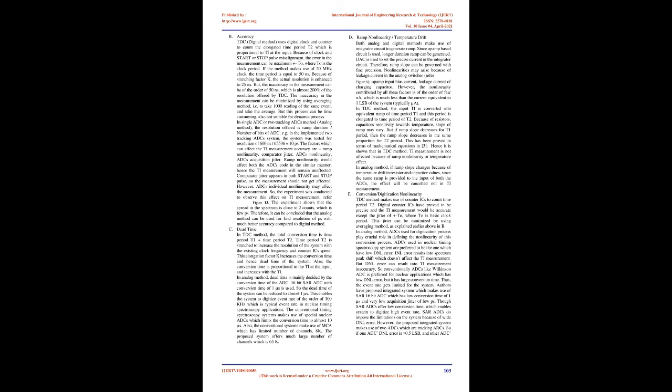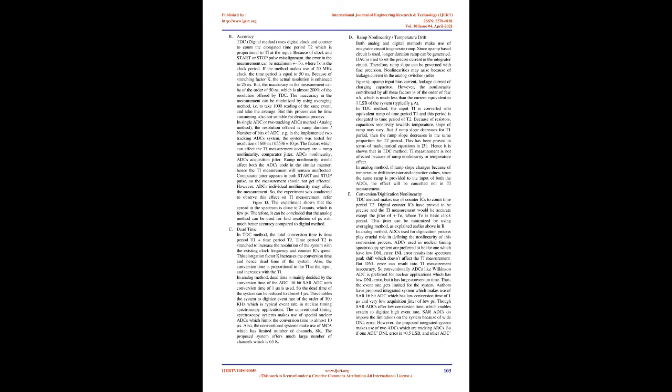B. Accuracy. TDC, digital method, uses digital clock and counter to count the elongated time period T2 which is proportional to Ti at the input. Because of clock and start or stop pulse misalignment, the error in the measurement can be maximum ±T, where T is the clock period. If the method makes use of 20 MHz clock, the time period is equal to 50 ns.